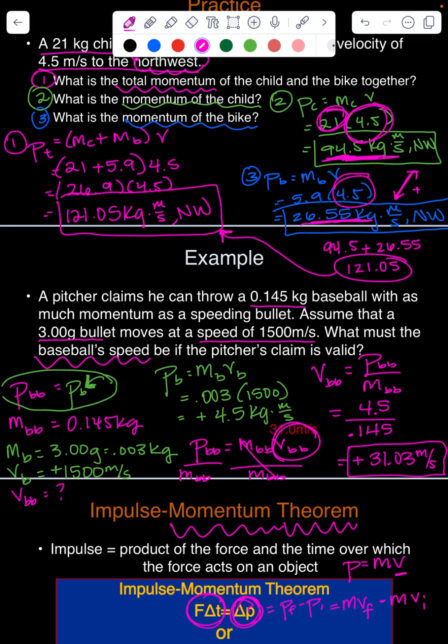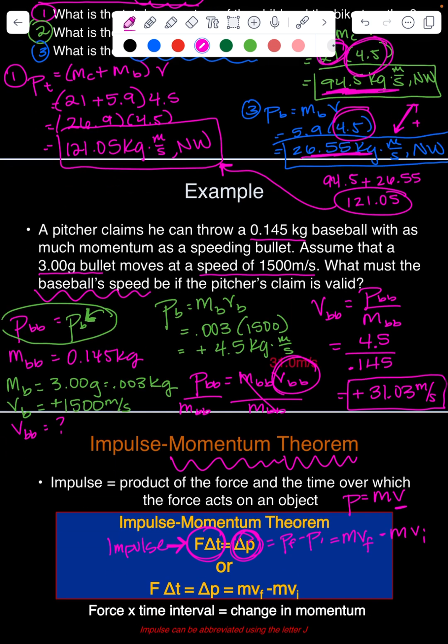So this is something called impulse. Impulse is the product of the force and the time over which that force is acting on the object. Impulse is actually signified with a capital J. This is not like a J for joules. Joules are a unit.